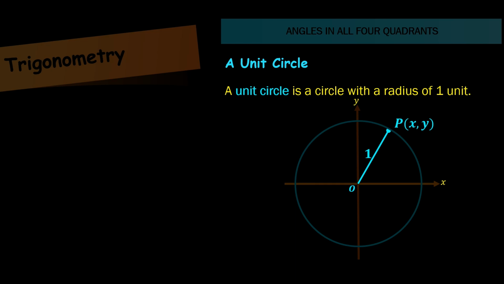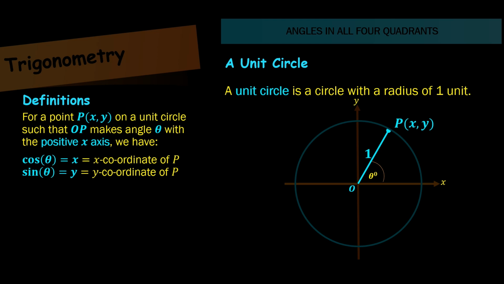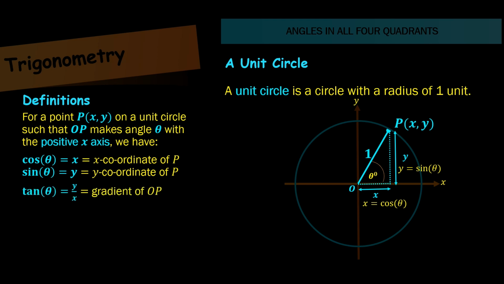For a point P at (x, y) on a unit circle, such that OP makes the angle theta with the positive x-axis, we have cos theta equals the x-coordinate of P, and sine theta equals the y-coordinate of P. We also have that tan theta equals y over x, which is the gradient of OP.